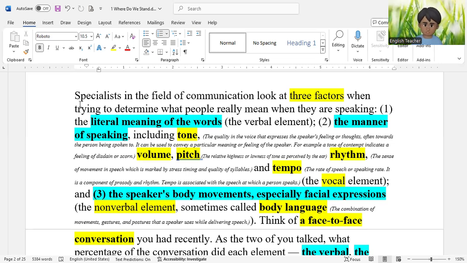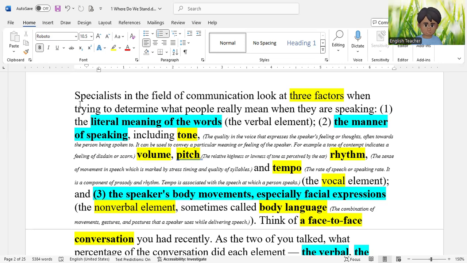Then tempo. What is tempo? The rate of speech or speaking rate. It is a component of prosody and rhythm. Tempo is associated with the speed at which a person speaks. Now, this is called the vocal element. What is the vocal element? The tone is a vocal element, the volume is a vocal element, the pitch is a vocal element, the rhythm is a vocal element, the tempo is a vocal element.